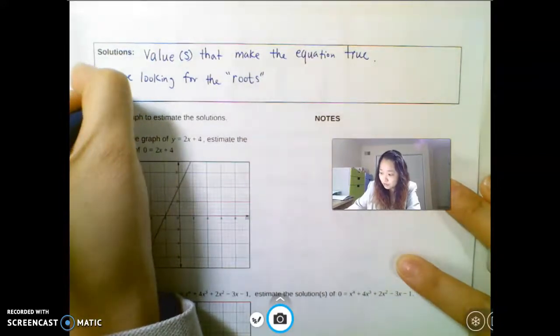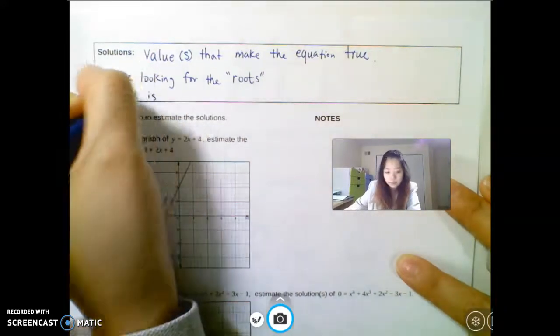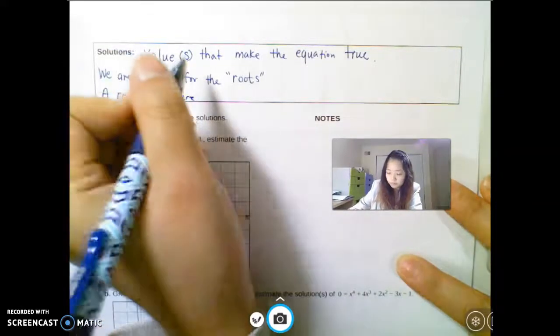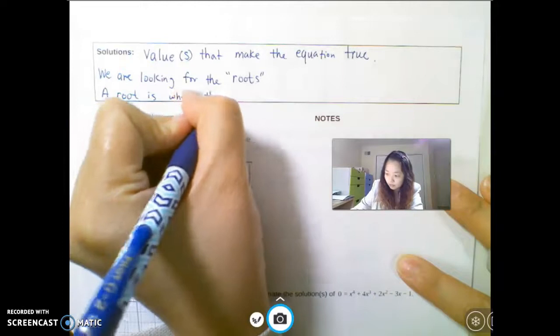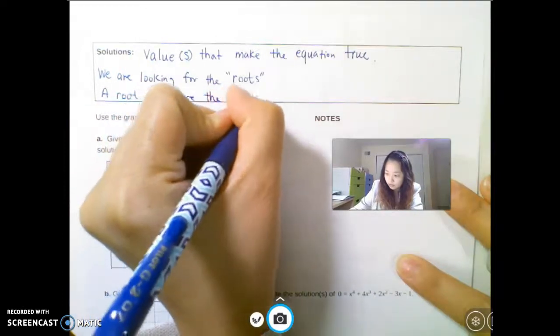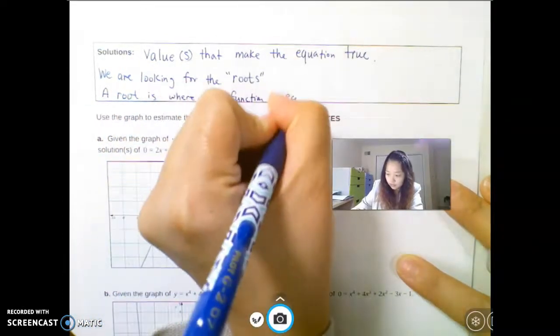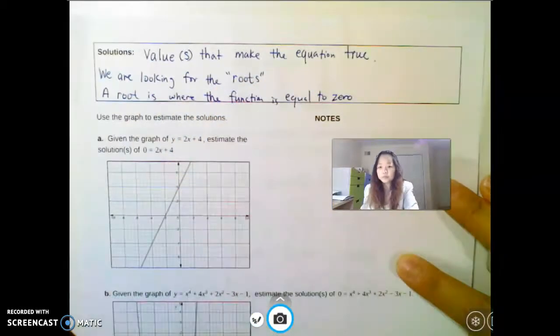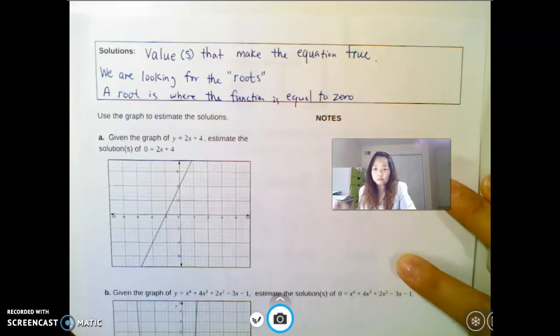A root is where the function is equal to 0. Oh my. So I know I said solution is a value that makes the equation true, but I said in polynomial, we're actually looking for the roots.